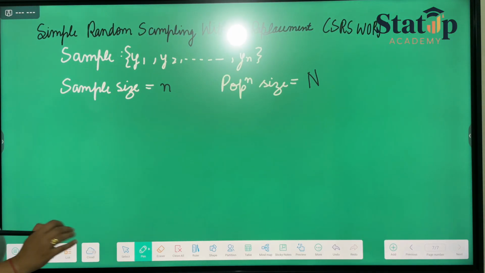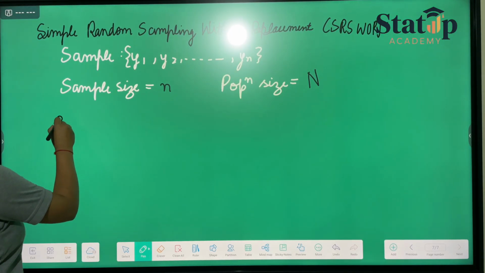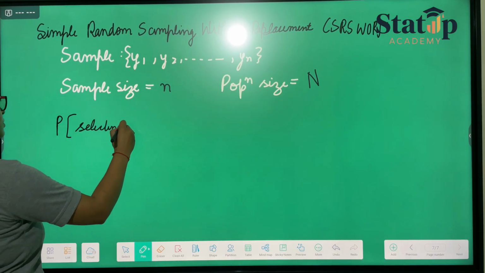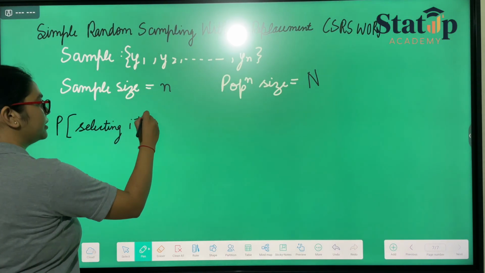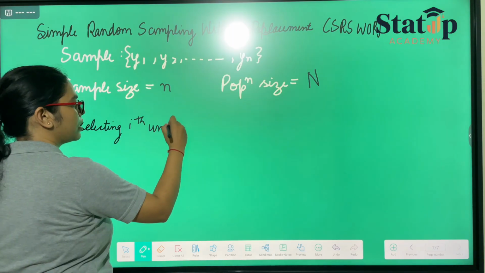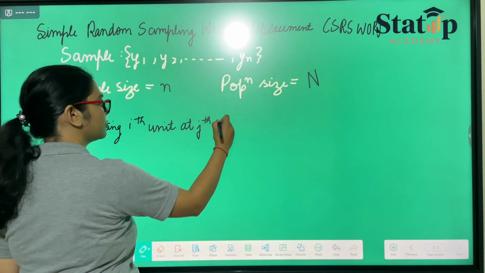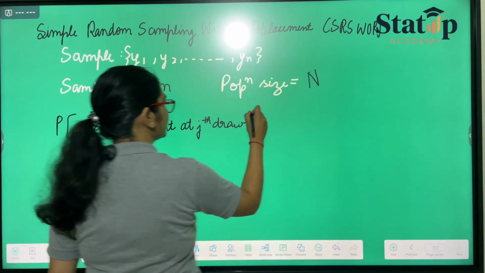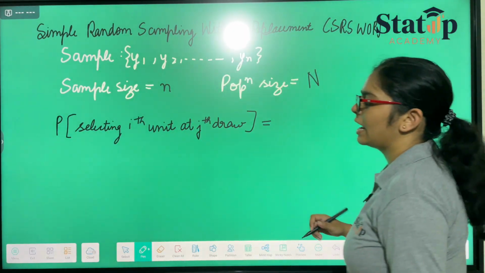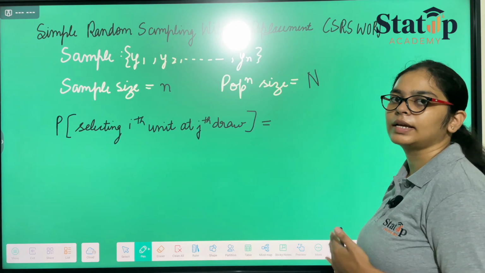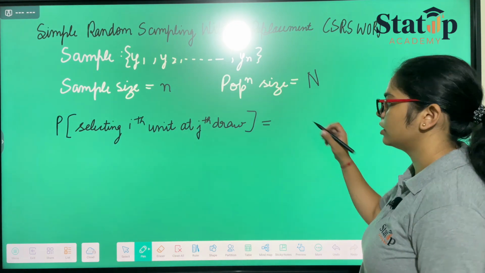So now, what is the probability of selecting the ith unit at the jth draw? Now this is given by: the ith unit is not selected at first draw, it is not selected at second draw, it is selected at jth draw.